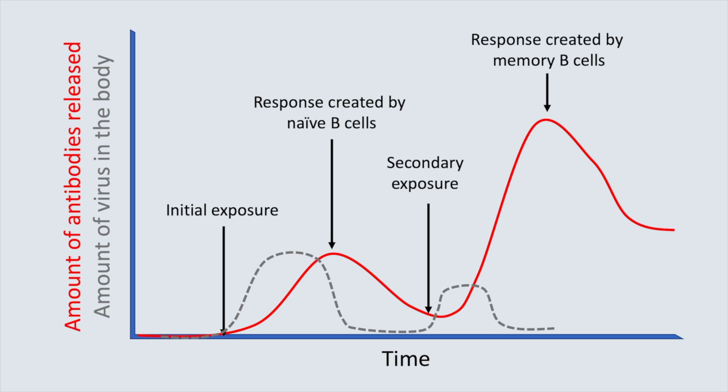And because we already have those memory B cells, as soon as that virus enters, there are already cells ready. Those memory B cells will immediately start dividing, forming lots of those activated B cells, and we see this massive increase in the amount of antibodies produced during that secondary exposure.